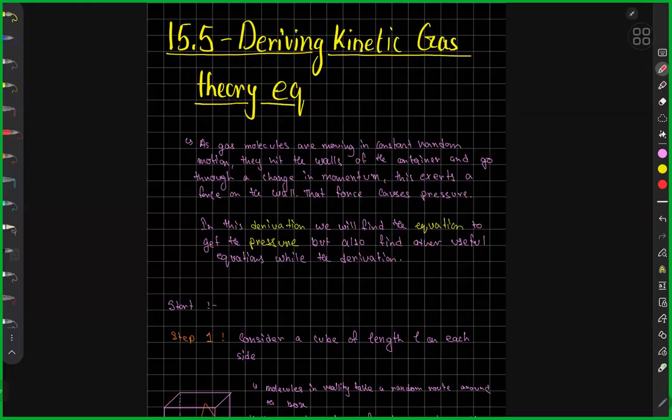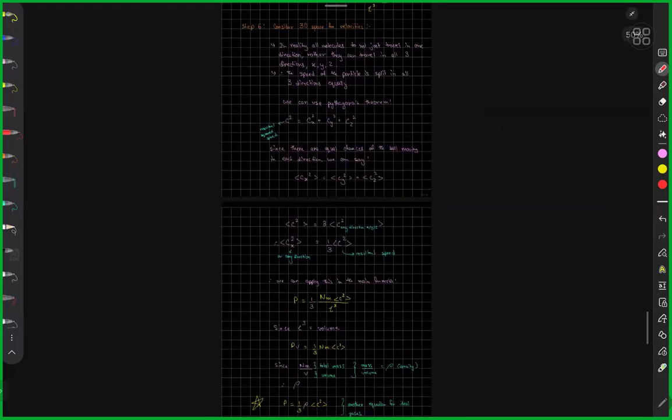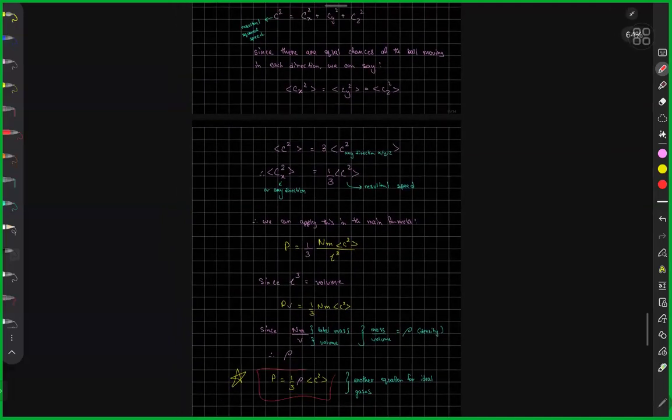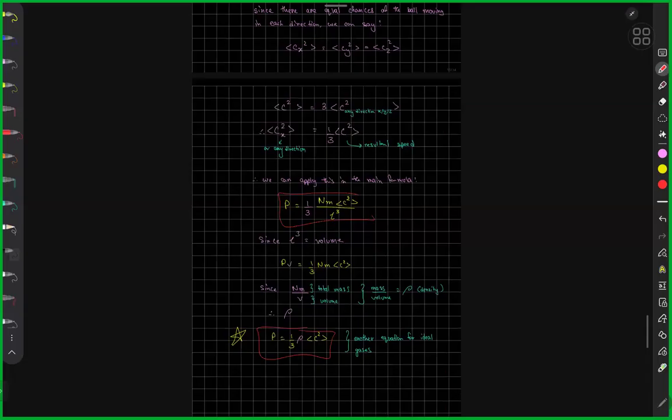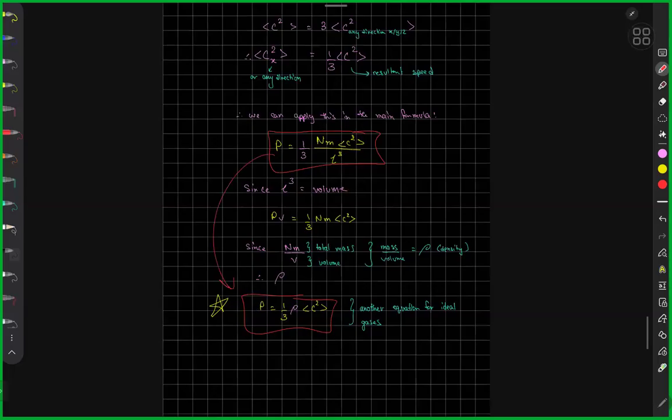So, if I show you what ultimately we're deriving, these are the two formulas I'm deriving. This is for the derivation of this.